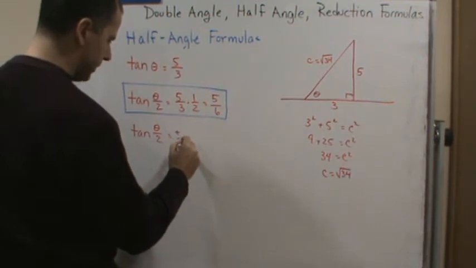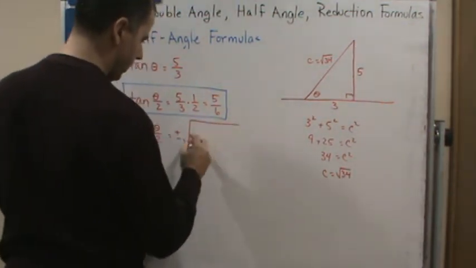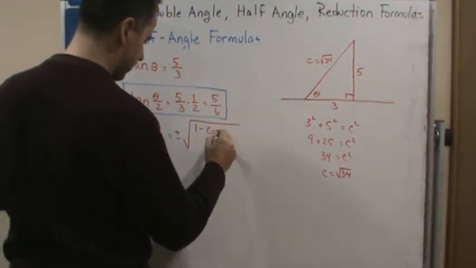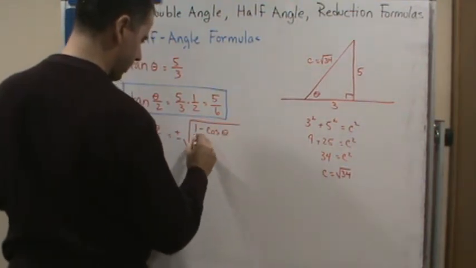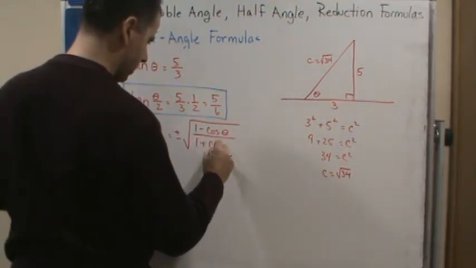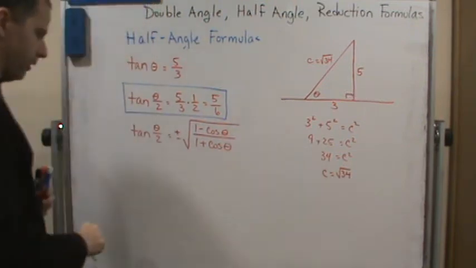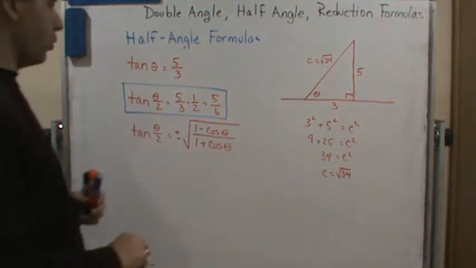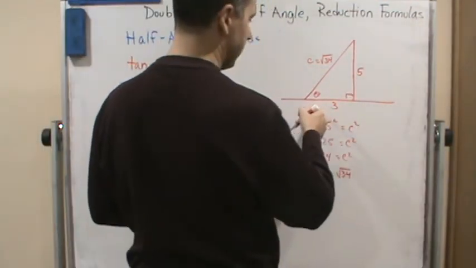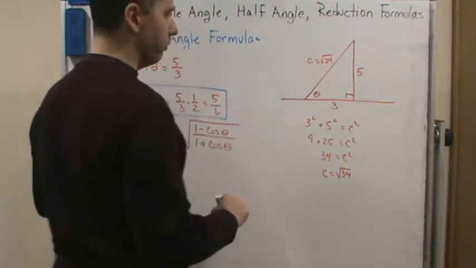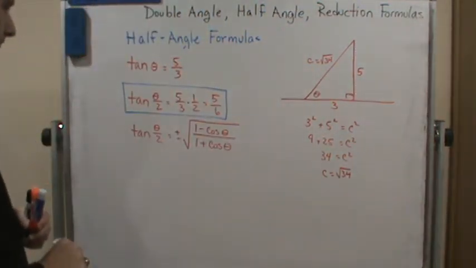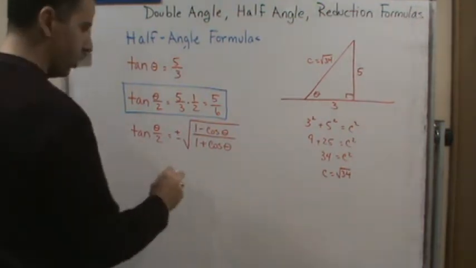It's plus or minus the square root of 1 minus cosine theta divided by 1 plus cosine theta, right? Well, what's cosine theta? Well, now we know that cosine theta is 3 over square root of 34. So let's write that over here.